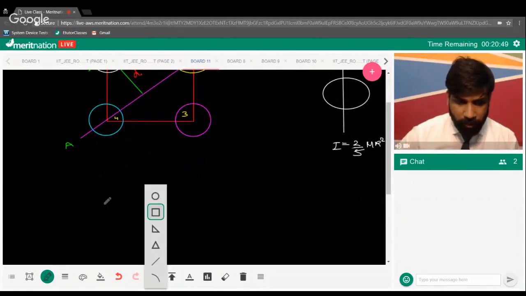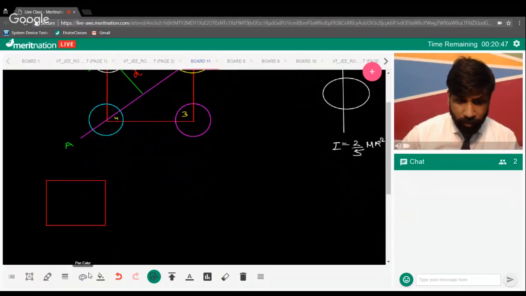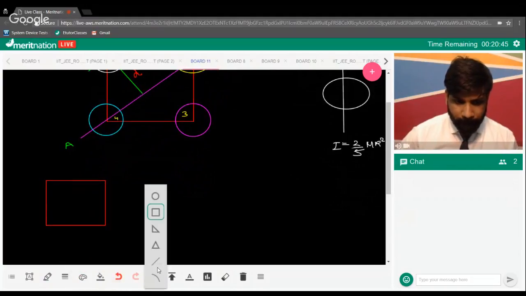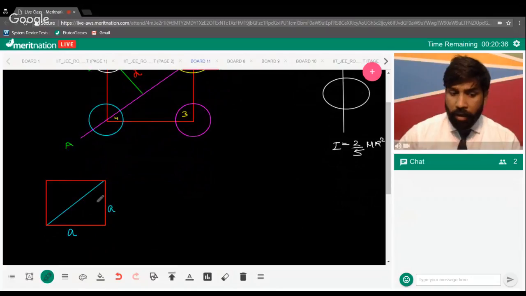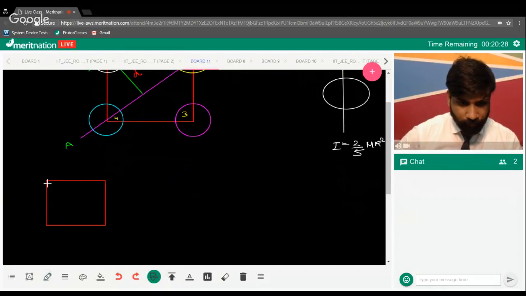See, suppose this is the square, this side is A and this one is A. By simply applying Pythagoras, we'll get the length of this AB, or we can also get this length here.